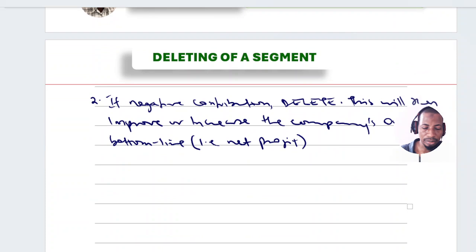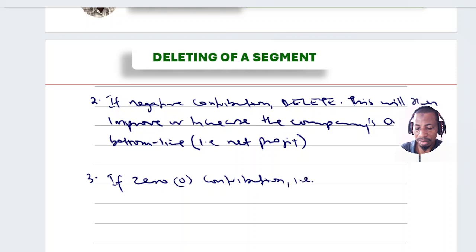Number 3, if zero contribution, that is sales value or cash inflow equates the total relevant cost.